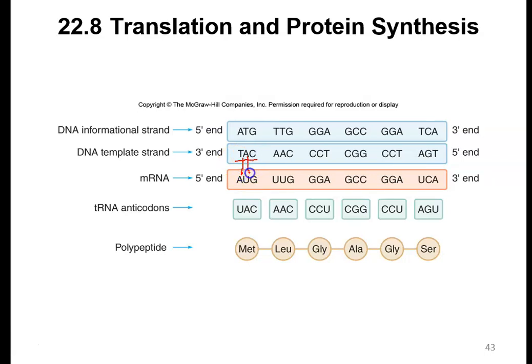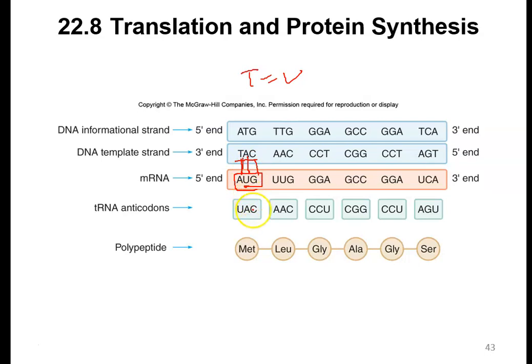So the TAC, remember there is no T in mRNA. The T is equivalent to U, so in RNA, the T equals U, so this is the messenger RNA, which then gets paired up with the anticodon of the tRNA.